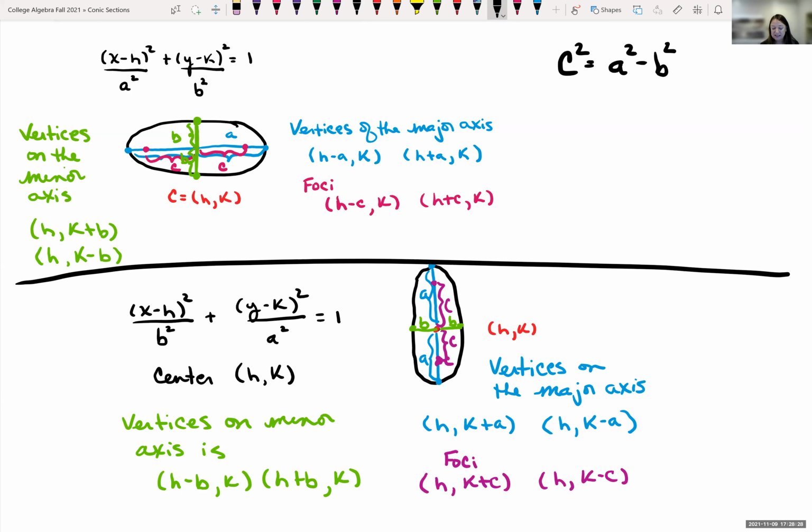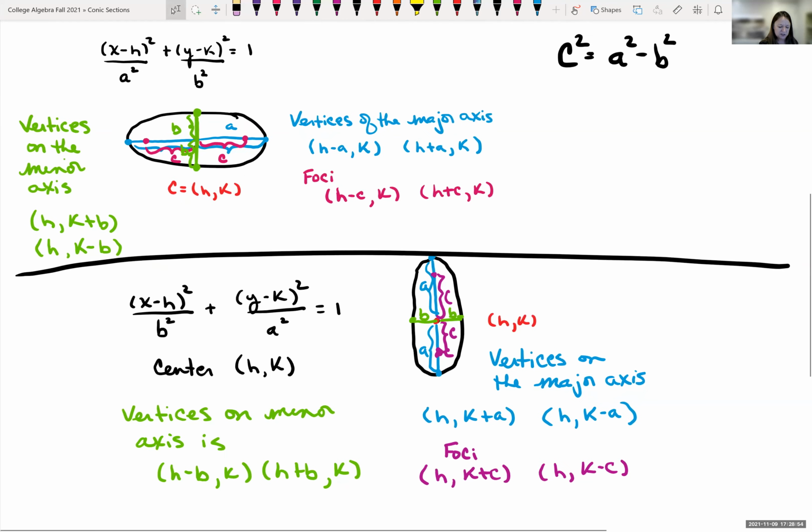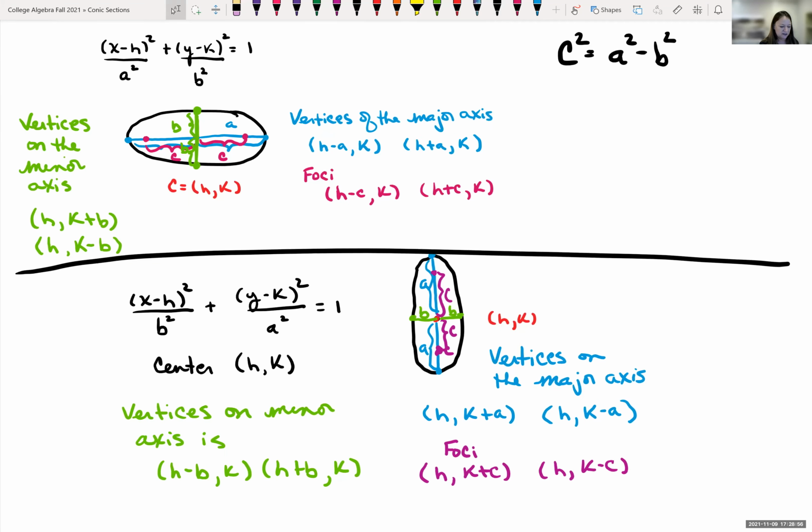Only difference is that with circles, the coefficients in front of the x squared and the y squared are the same. If it is an ellipse, those coefficients are not the same, but they're going to be the same sign. They're either both going to be positive or both negative. Hyperbolas have opposite signs, but we'll talk about that probably next week.